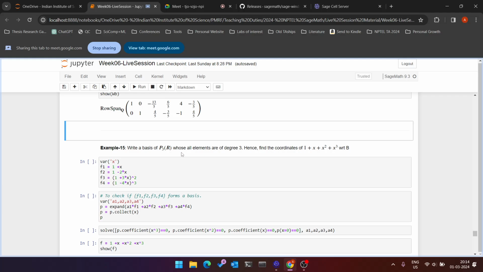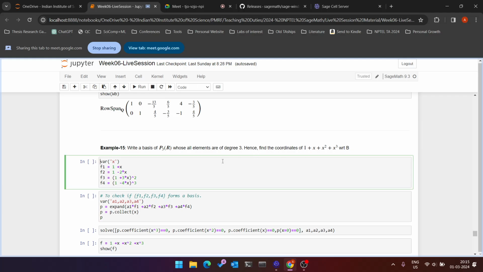Here we are told that we can write our own random basis for P3 of R, and from that we use it to calculate the coordinates of this particular equation, 1 plus x plus x squared plus x cubed. So to do that, we go along this route.